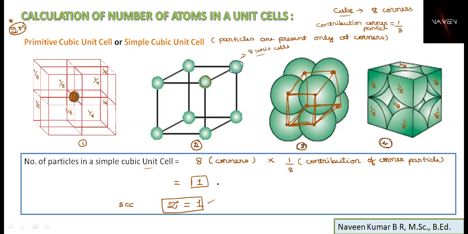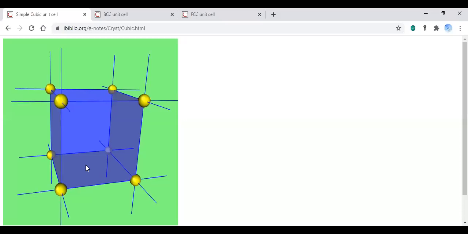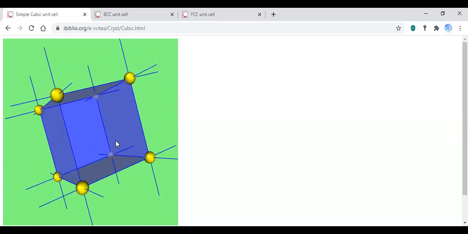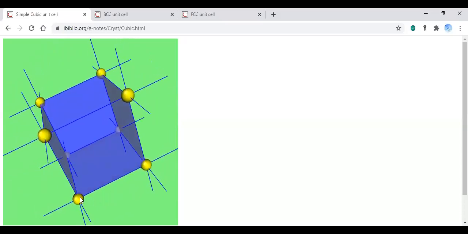Now we'll look into a simple 3D model of the simple cubic system. There you can easily understand how this 1 by 8 portion is contributed. Now just observe the 3D diagram. You can observe from the given diagram that it is representing the simple cubic system.